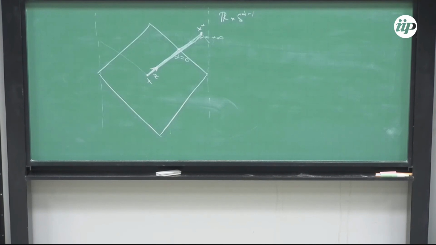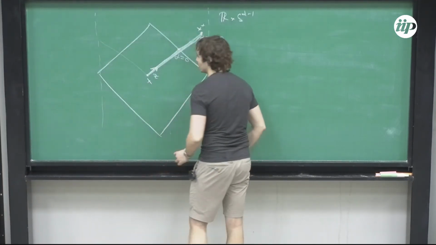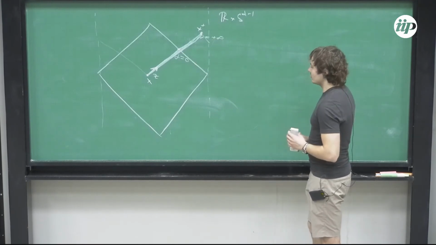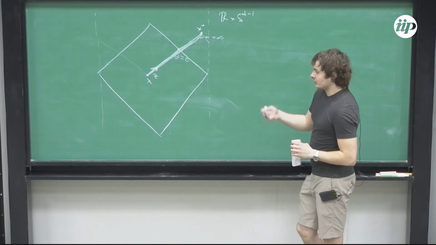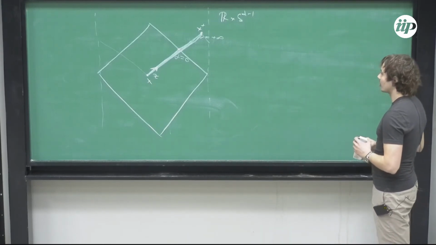So you can apply it to most local operators. In 4 dimensions, in unitary theories, you can apply it to all local operators. And in 3 dimensions, you can apply it to everything except possibly for some scalars of low dimension.